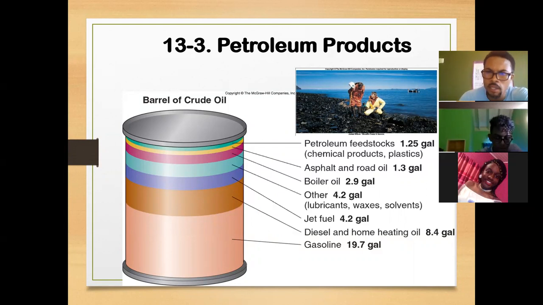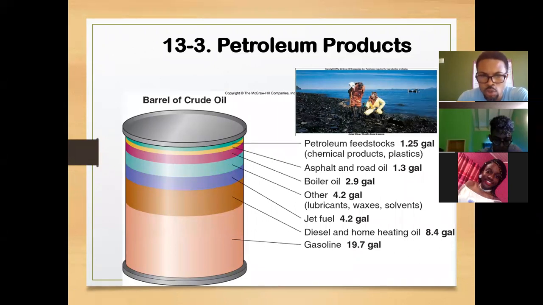Approximately there. So what happens inside of crude oil, which we refer to as petroleum, where we get petroleum products from? We can have gasoline, you can have diesel, you can have waxes, you can have boilers, asphalt, and so on and so forth.